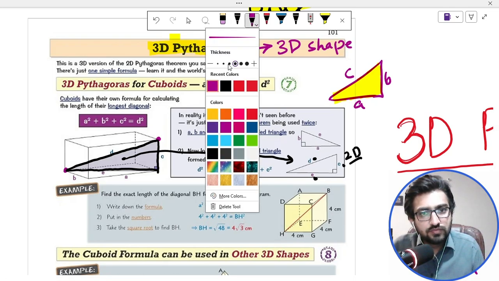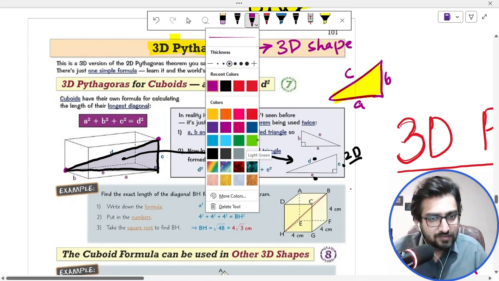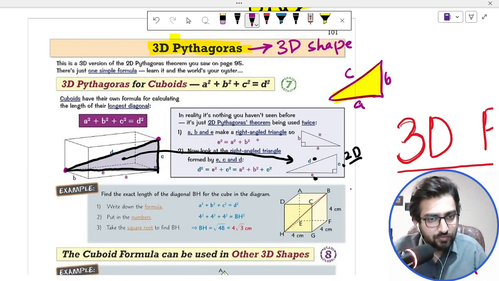There is one problem, but let's apply it first. D square, the longest side square, equals E square plus C square, right? This is the formula.